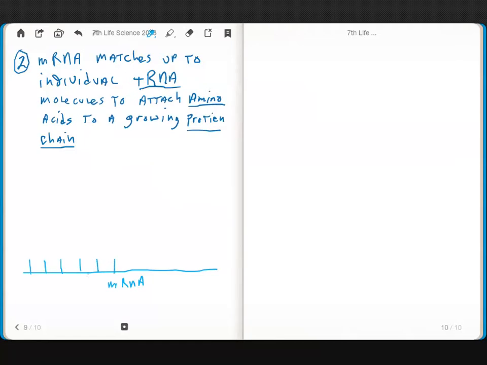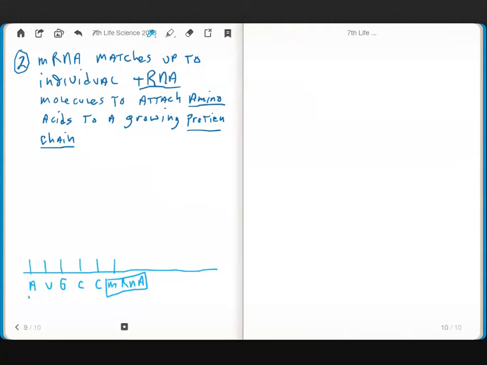So the nitrogen bases are exposed. And let's say that this is A, U, G, C, C. Let's say that that's the code on this chunk of mRNA.